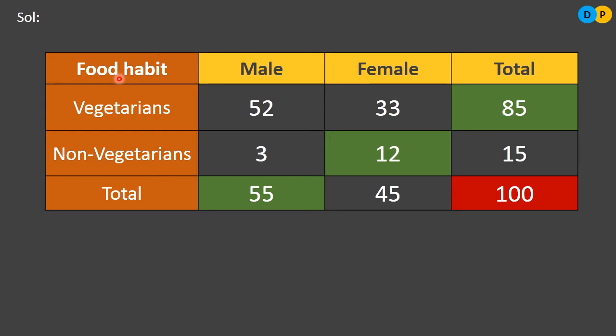Food habit can be either vegetarian or non-vegetarian, isn't it? So I have considered the first column heading as food habit. Next, I will consider one more cell, that is total. Followed by this, the second column heading is male and the third column heading is female.